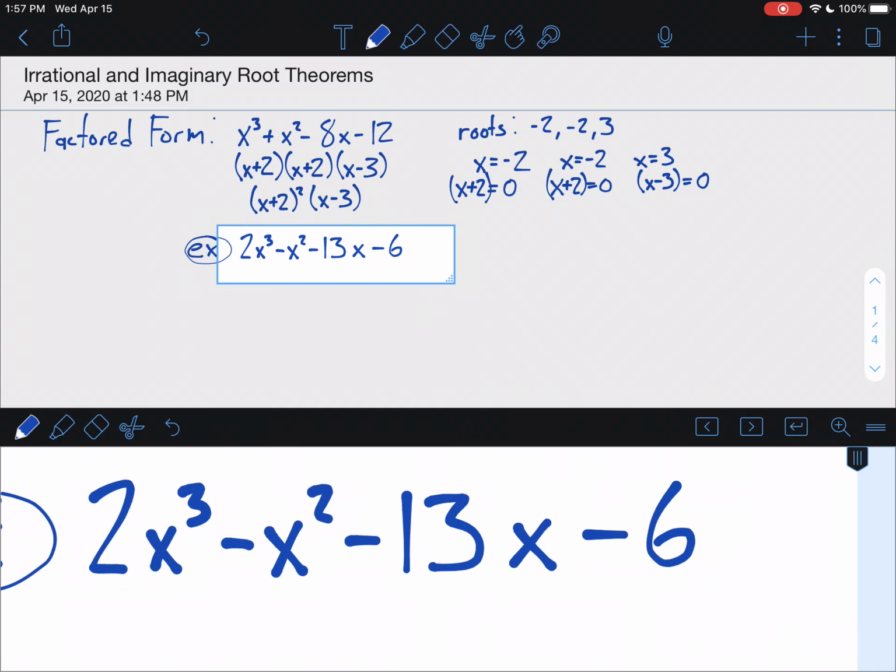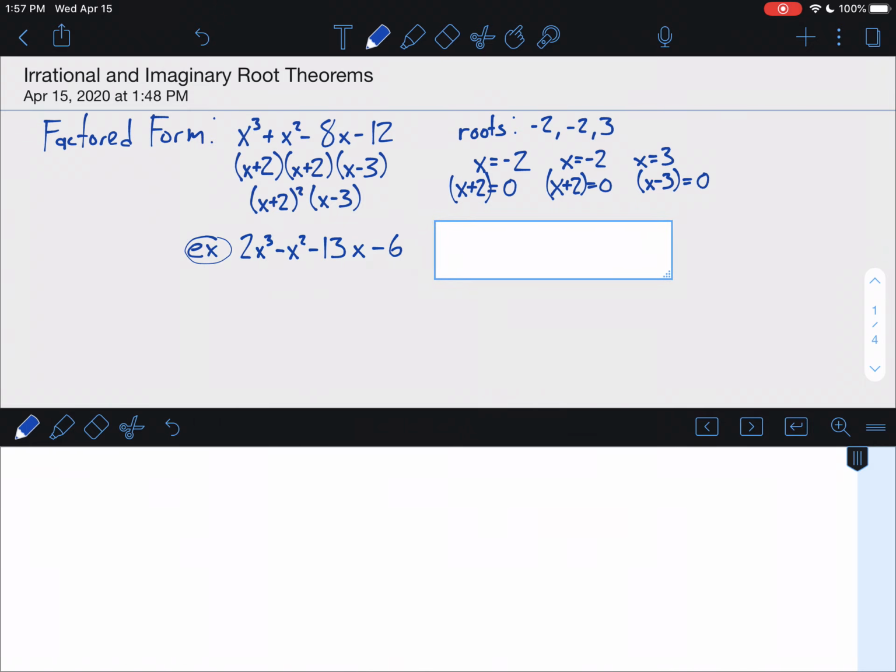So to write this one in factored form, let me actually check what the roots were real quick. So the roots were negative 2, negative 1/2, and 3.